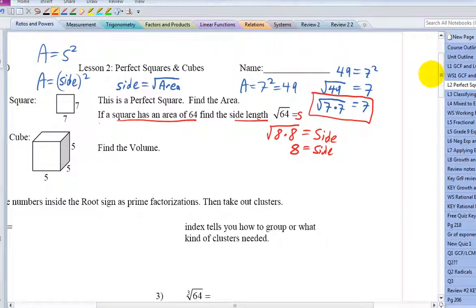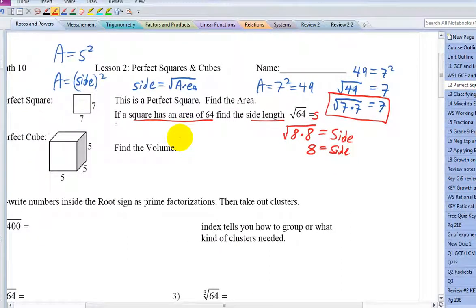Volume is the same way, except volume equals the side length cubed. Okay. So volume equals 5 cubed, which is 5 times 5 times 5, 125.